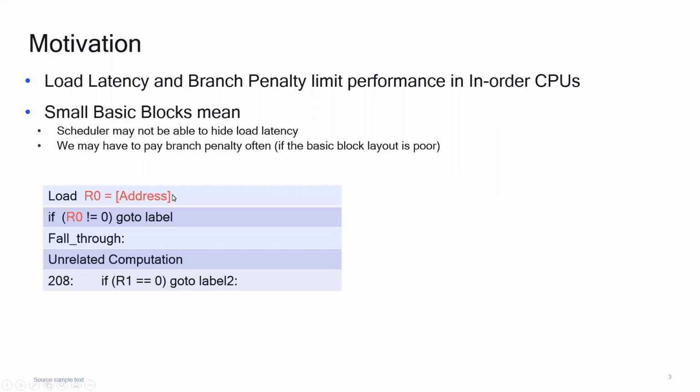There is a load, and immediately after this load there is a use of the loaded value. If we have a load latency of 2, 3, 4, or 5 cycles on an in order CPU, then there will be stalls. This kind of code is not uncommon, so this is one of the main motivations to go beyond a basic block scheduler.